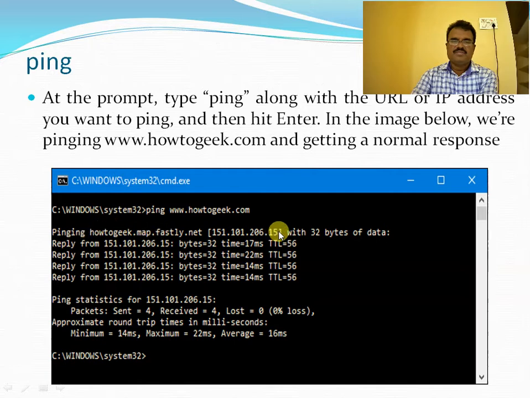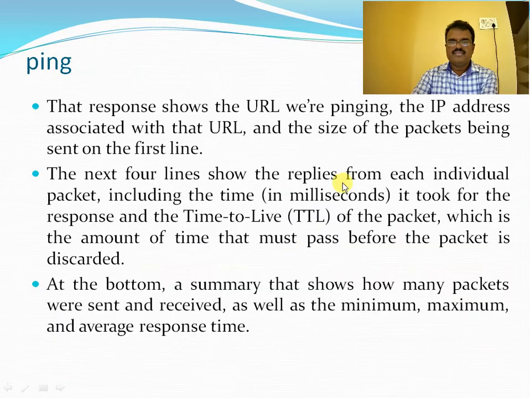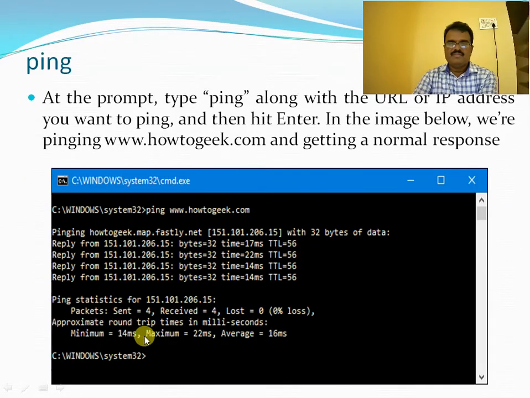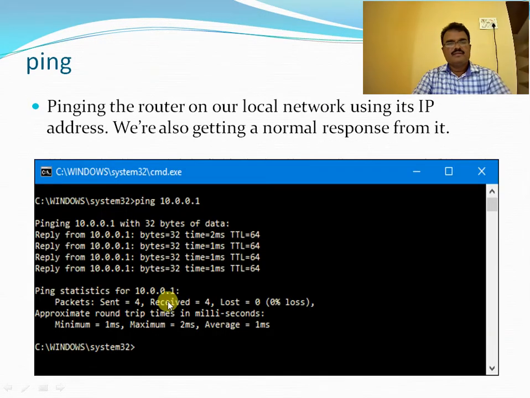This is a response from the URL, and these 4 lines tell each individual packet, including the time in milliseconds it took for the response and the time to live of the packet, which is the amount of time that must pass before the packet is discarded. At the bottom, a summary shows how many packets were sent and received as well as the minimum, maximum and average response time.